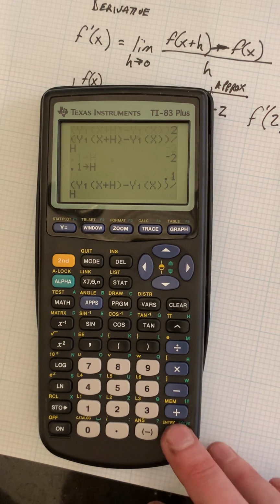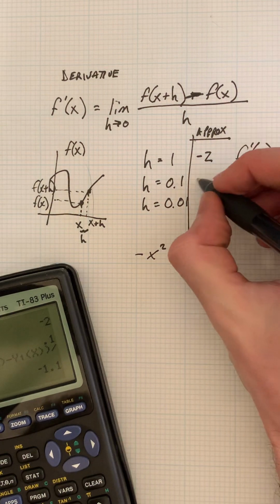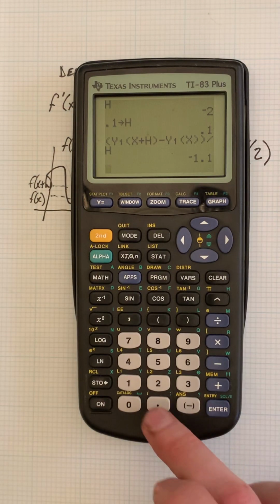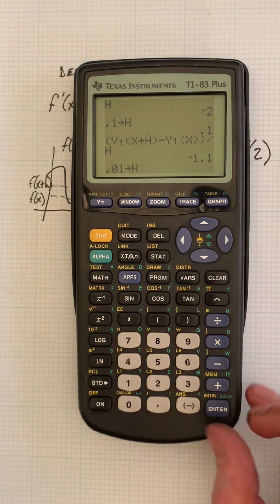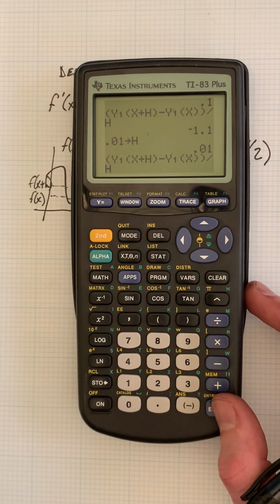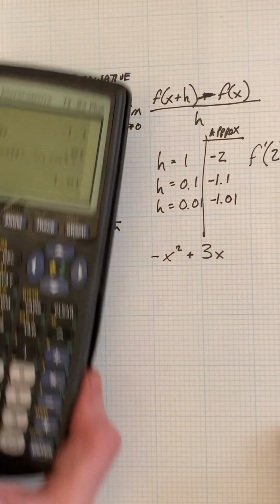But after we do, press enter and we get a new value, negative 1.1. Let's do 0.01 for h. So we do that. Second entry twice to get back to here. Now we get negative 1.01.